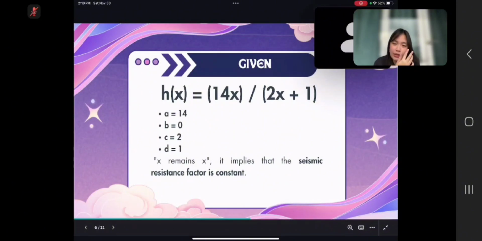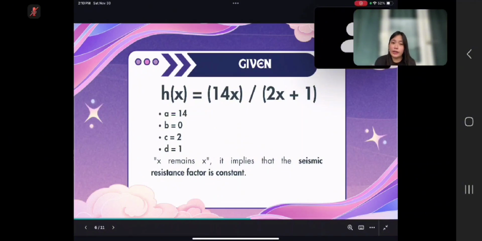This is Mr. Elias's final output for the rational function: h of x equals 14 times the quantity x over 2 times the quantity x plus 1. So a equals 14, b equals 0, c equals 2, and d equals 1.